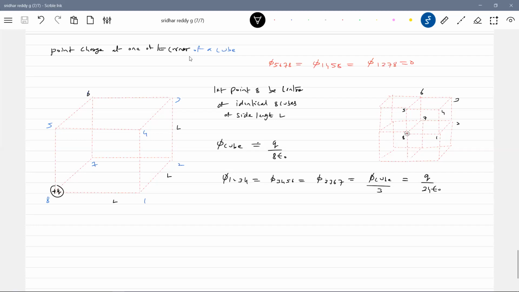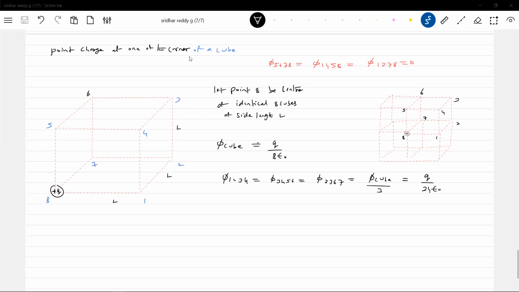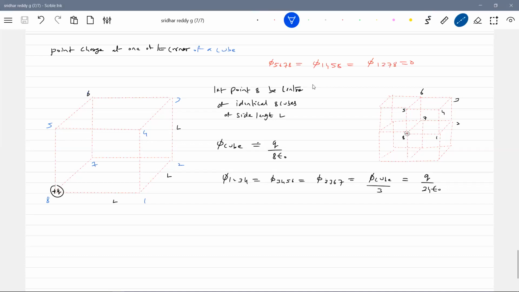Anybody having? I'm unable to paste it. The diagram looks very clumsy. Somebody suggested, okay.